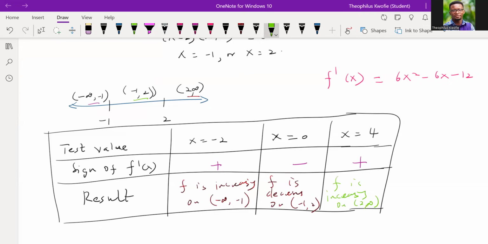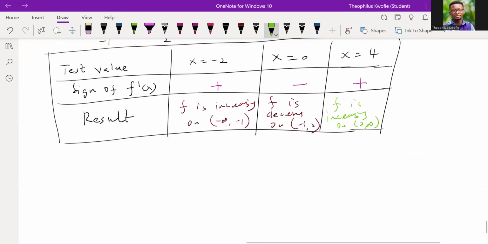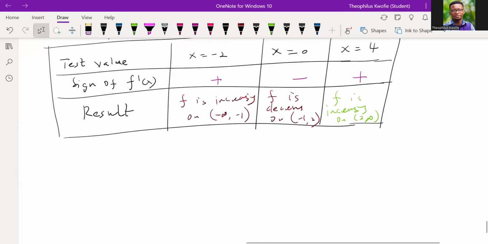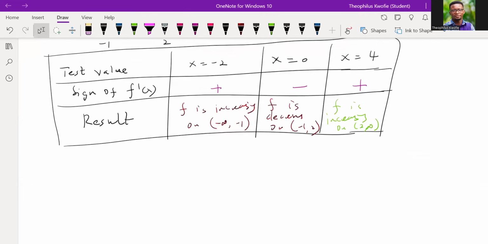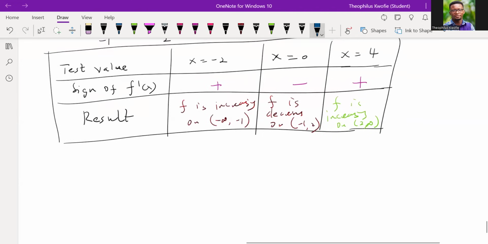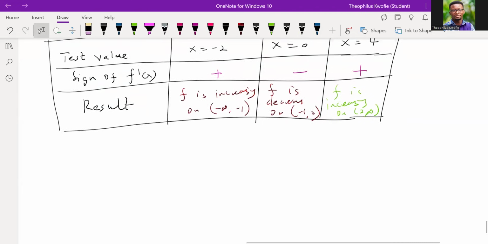Good, good. So now that we know this, it's of interest for us to know what is happening. Looking at this table, it is easier to draw the graph.